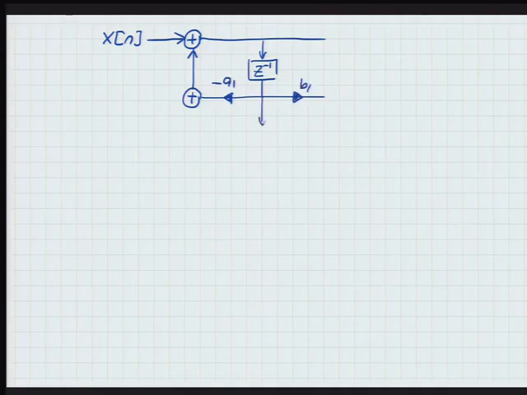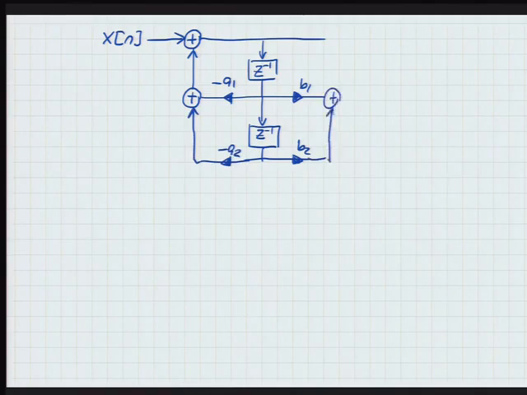One more delay. And then again splits into 2. B2 goes to the right. Negative A2 goes to the left. And that feeds here. This will go up and add to this. And this will add to that. And it will give us Y of n.